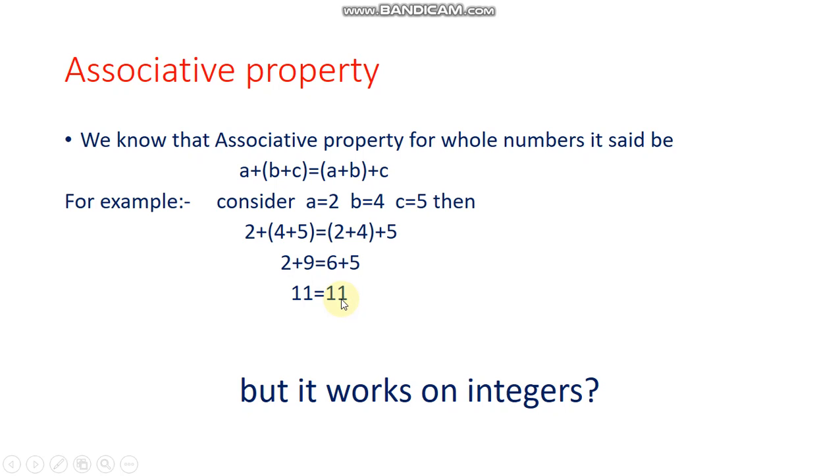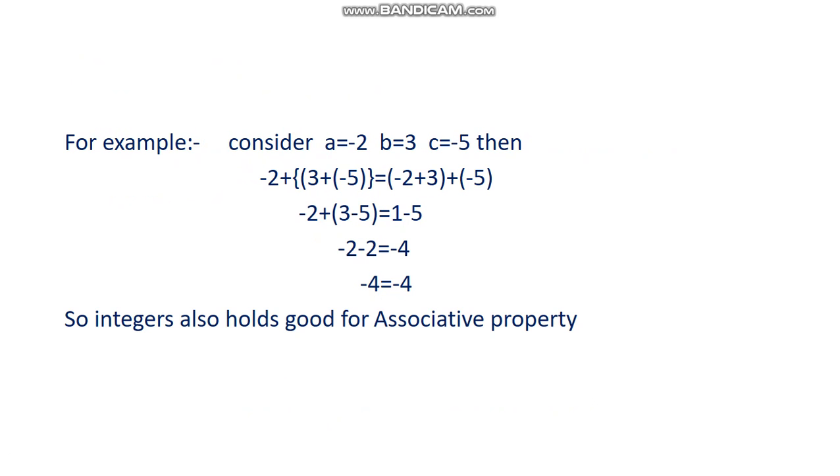It works on whole numbers, but does it work on integers? Let's check. Here a is equal to minus 2, b is equal to 3, c is equal to minus 5. Then simplify: minus 2 plus 3 plus minus 5.